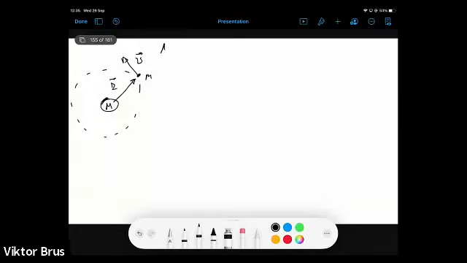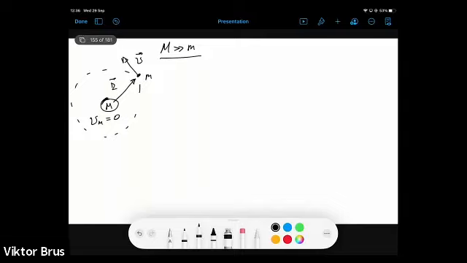Let's assume that this massive object is much heavier than the small object. Then we can neglect the rotation of the massive object about the center of mass. So with respect to some inertial system of reference, we can assume that the velocity of this massive object is zero.